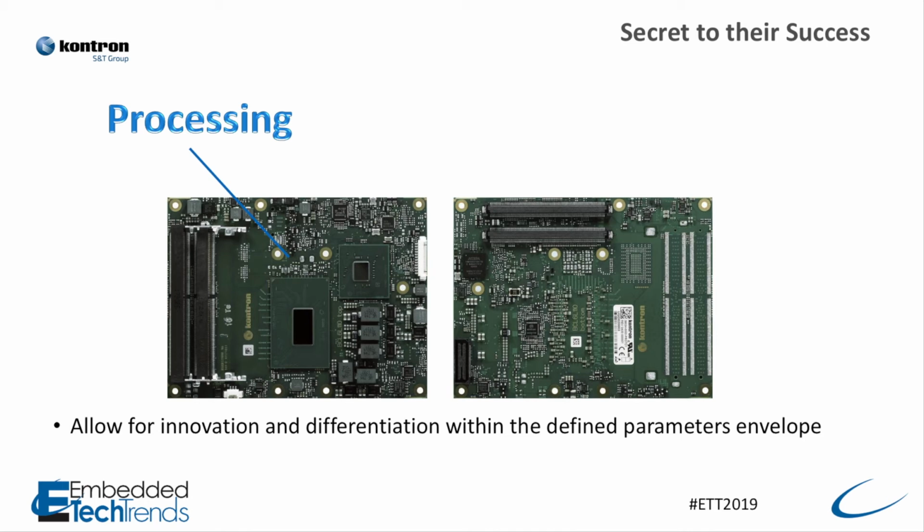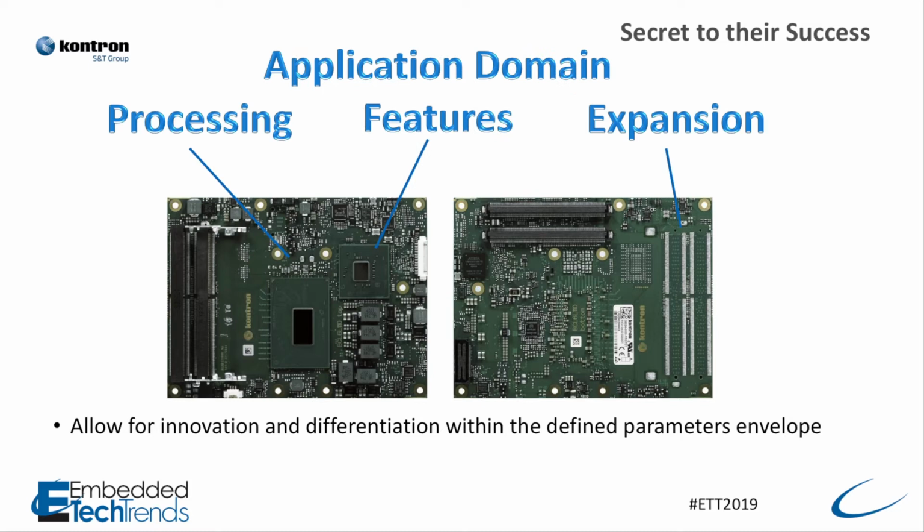That can be the type of processor, how powerful the processor is, what features it has. Expansion: you might have onboard expansion that you can provide. Application domain features: you might want to put a specialized processor, a CPLD or an FPGA on there to provide capabilities that your competitor over there doesn't have.